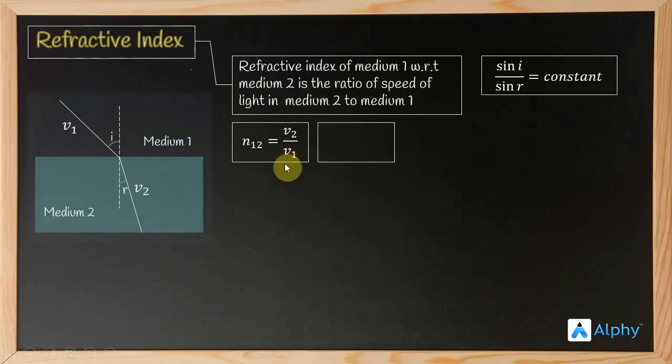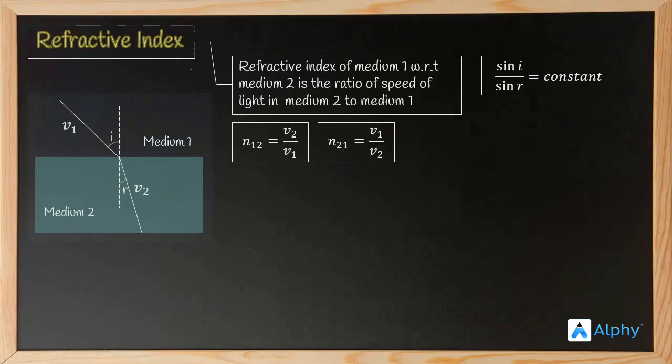And similarly, n21, that is refractive index of second medium with respect to the first medium, would be V1, that is speed in first medium, divided by V2. Why I am stressing on this V1 by V2 is because after some time I am sure that you are going to forget this and you will write n21 is V2 by V1. It's not so, you should always remember and be careful.